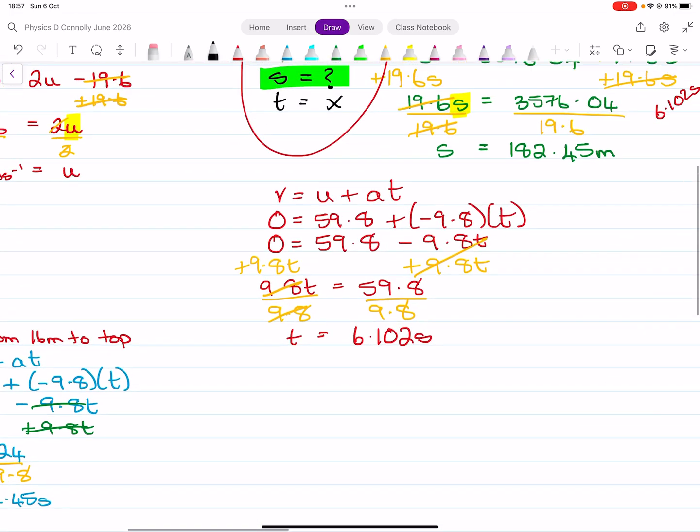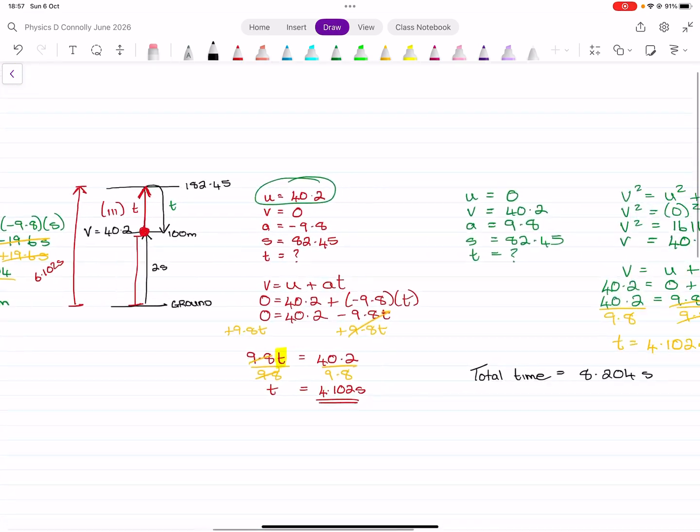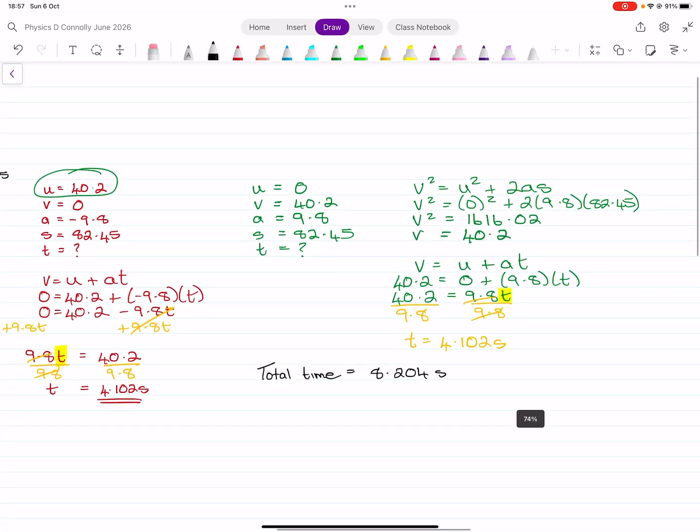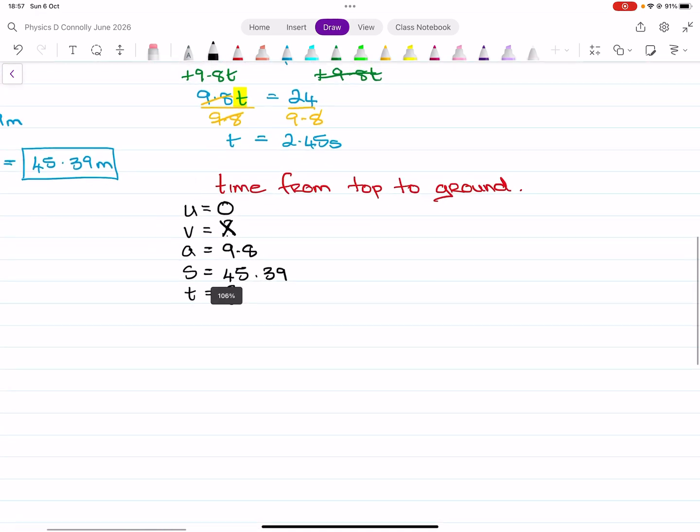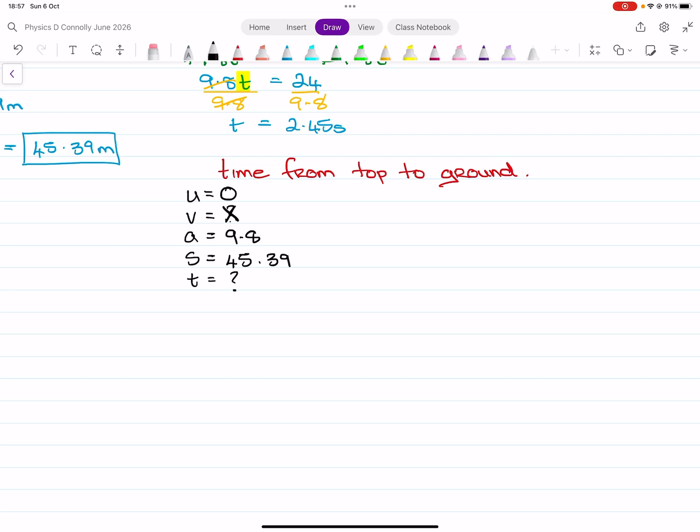So is this exactly what we had over here? Yeah. So I think we can do it with S equals UT plus a half AT squared, but then we'll have our variable squared, which means we're solving a quadratic, and nobody wants to do that. So let's find V. Sorry. We find V using V squared equals U squared plus 2AS.